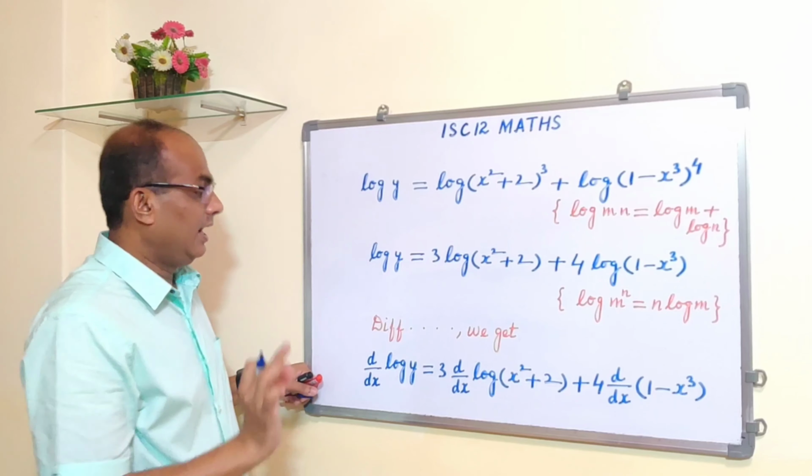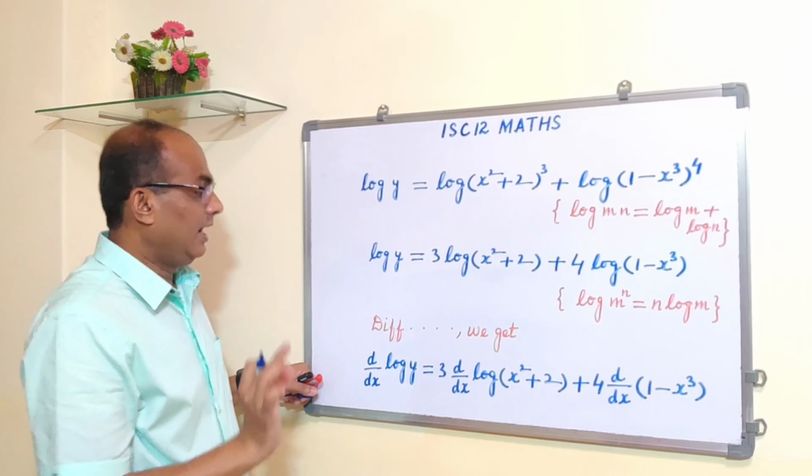Plus 4 d/dx of again x, suppose this is x. Here there should be log, no? Here there should be log (1 minus x cube), plus 4 log (1 minus x cube).